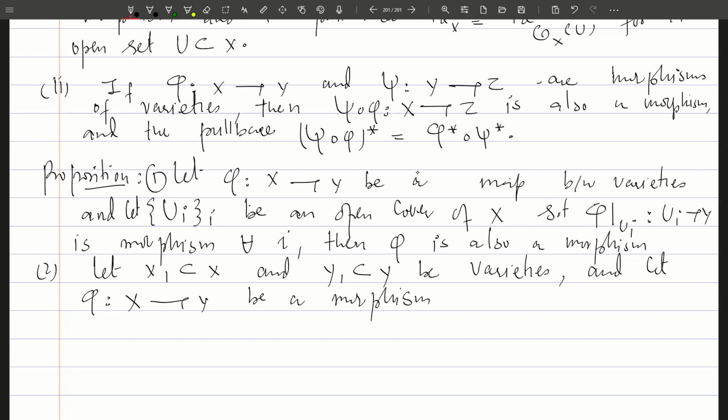So here we are given that phi is a morphism from X to Y with phi of X_1 contained inside Y_1. Then we claim that the restricted map phi to X_1, from X_1 to Y_1, is a morphism.